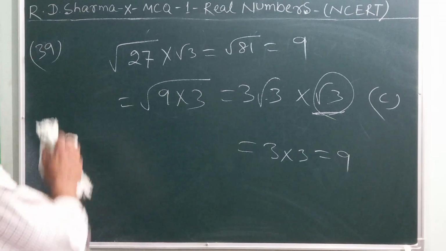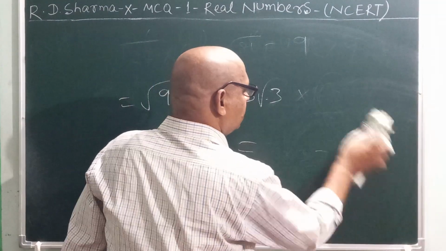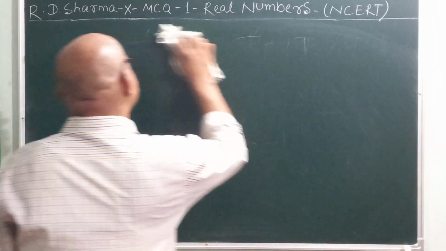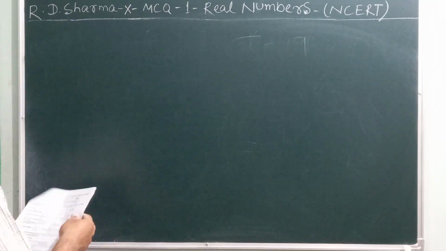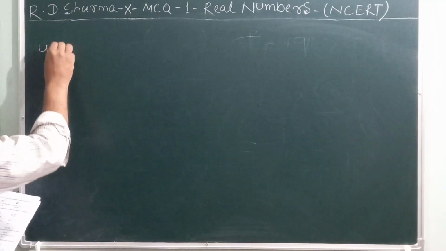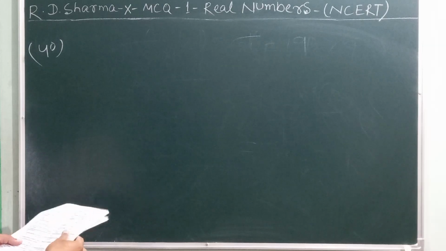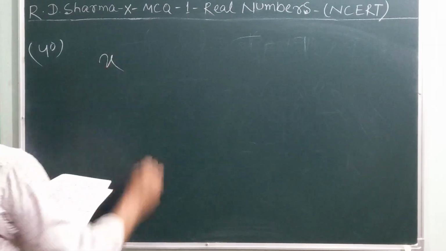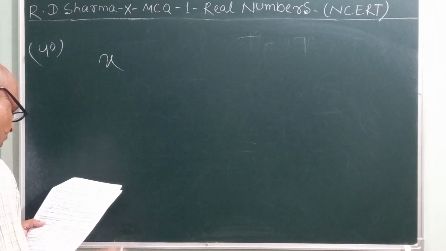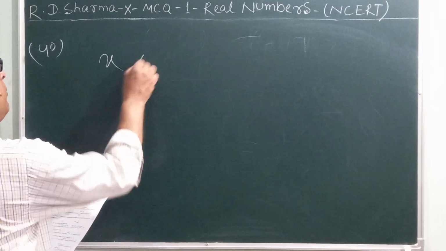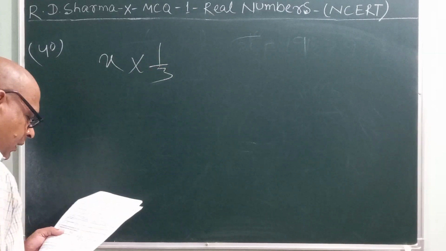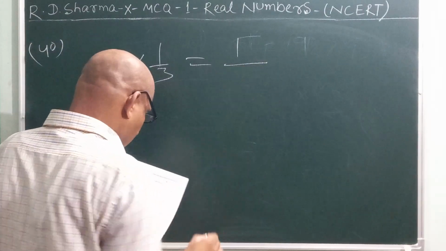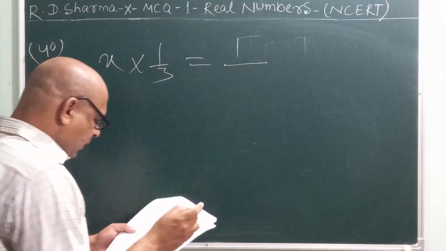Next, number 40. The smallest rational number by which 1 by 3 should be multiplied so that the decimal expansion terminates after one place.